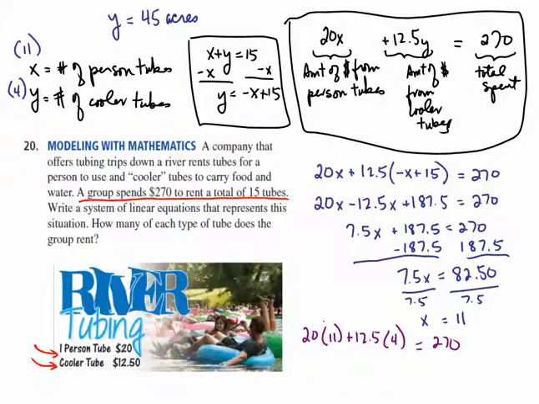And so 20 times 10 is 200, 20 times 11 is 220. 12.5 times 2 would be 25, so this should give me 50. 12.5 times 4, and that does indeed equal 270, and so we have checked our answer. Alright, so that is going to do it for this video and these two different types of problems here.